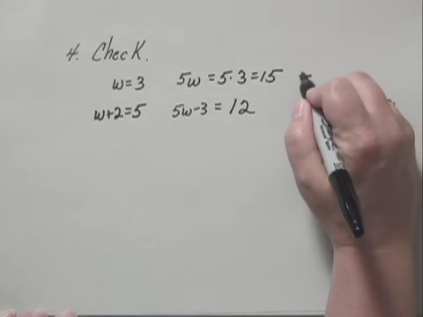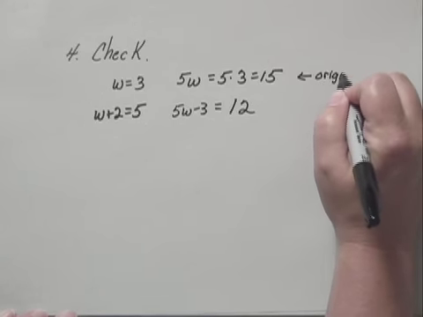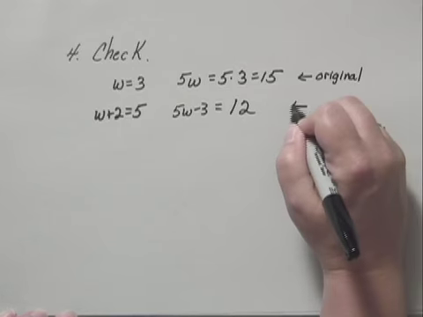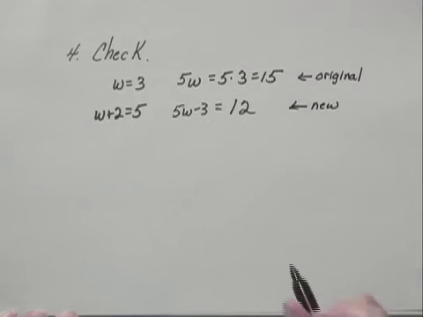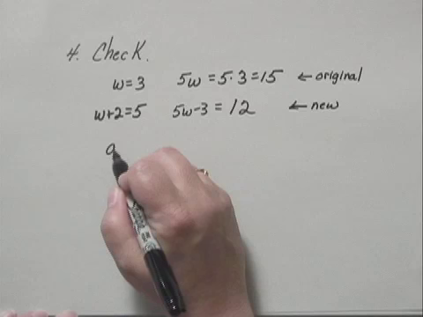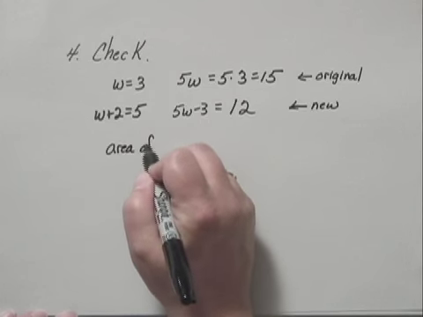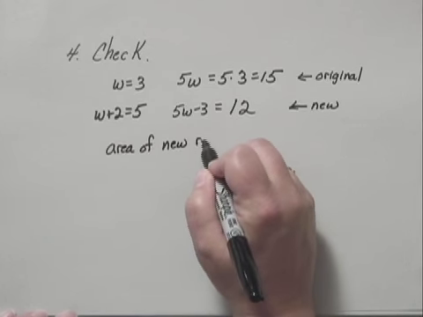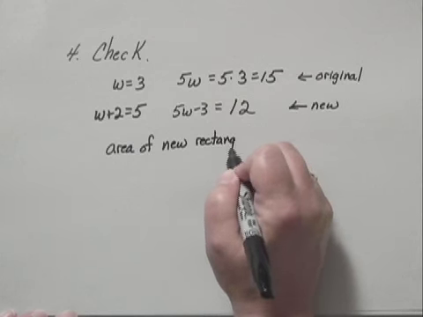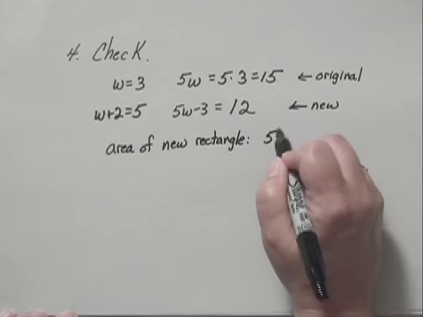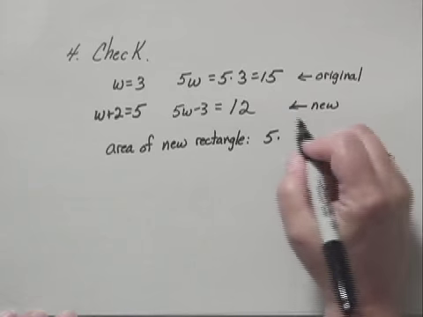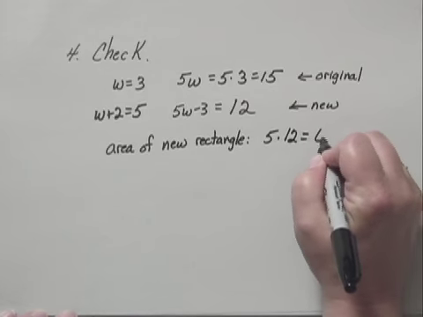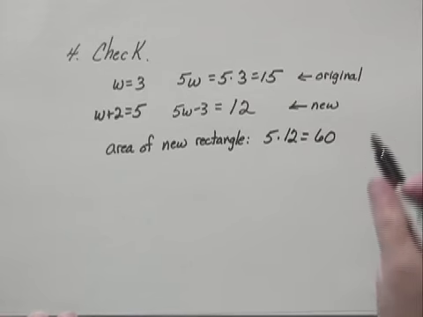So this is the original rectangle length and width. This is the new rectangle length and width. The area of the new rectangle would be width times length, 5 times 12, or 60, which is what we were given.